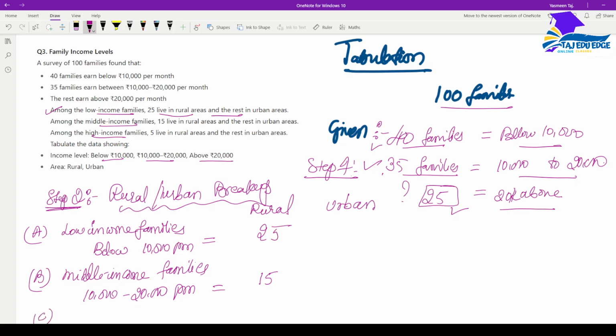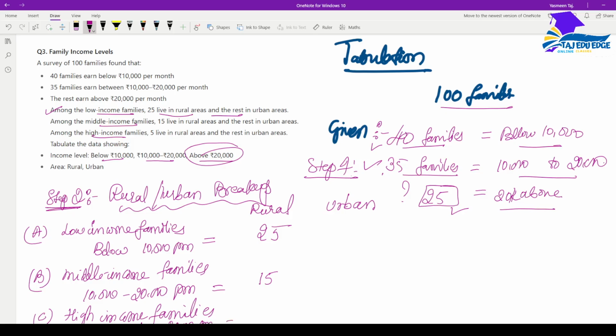C, high income families. High income means those who earn above 20,000 per month.